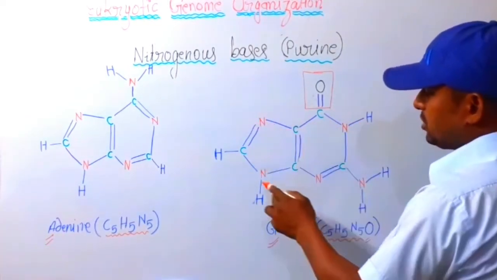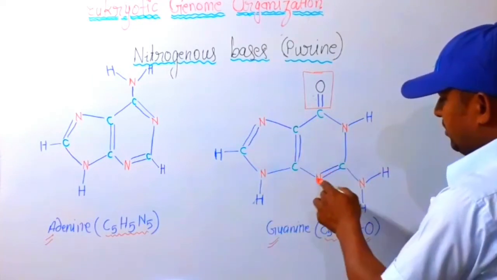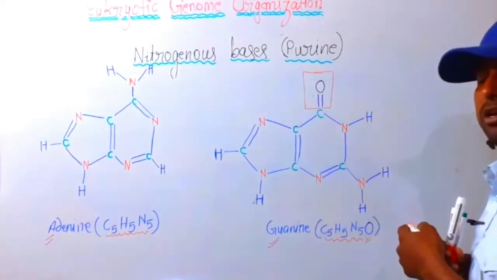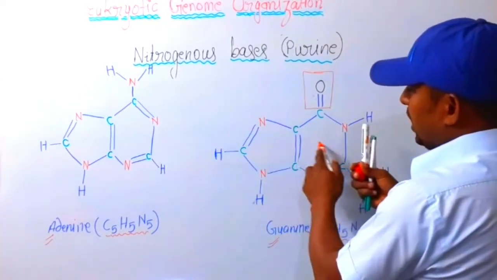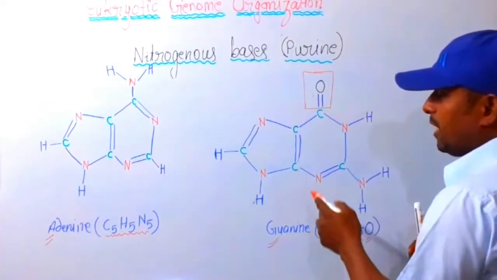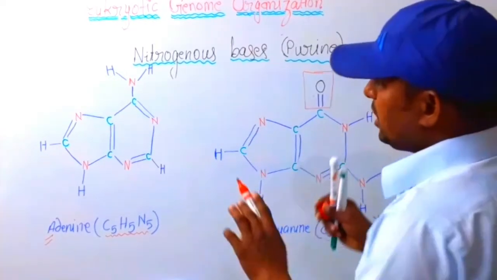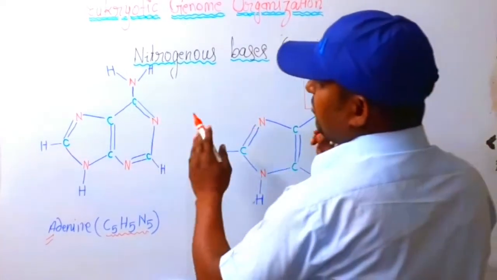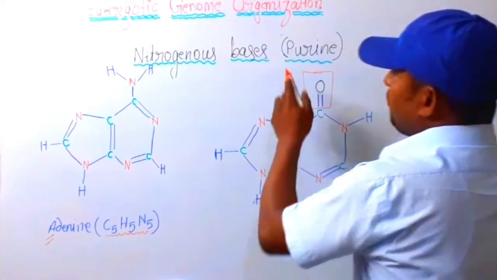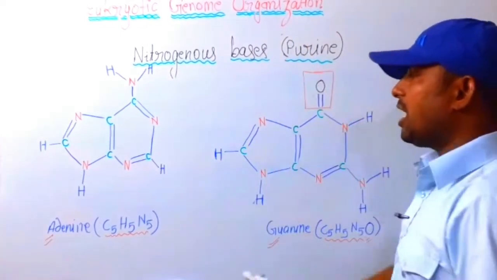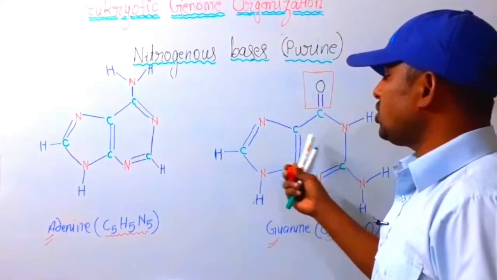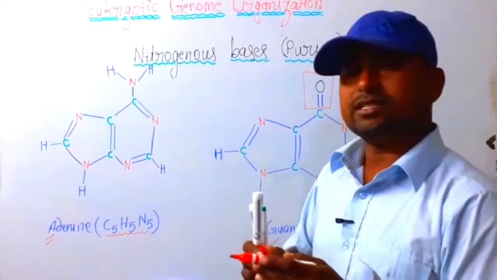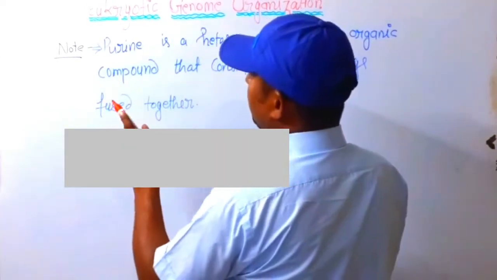The two rings are fused to each other, so it is very clear that purines are double-ringed structures.